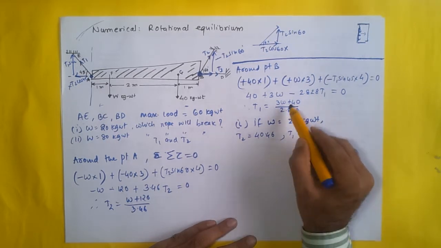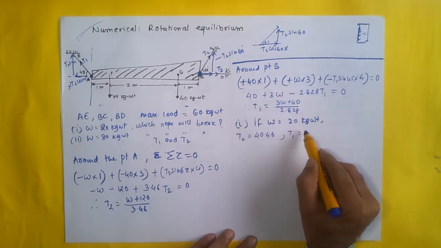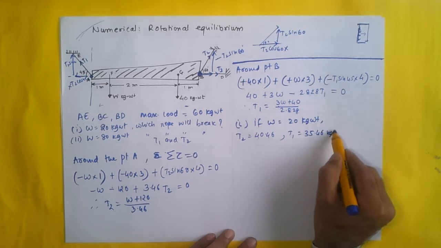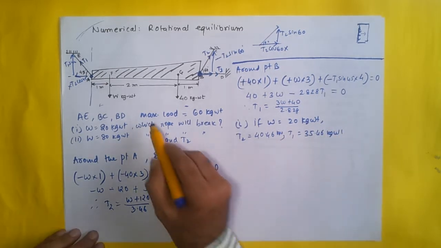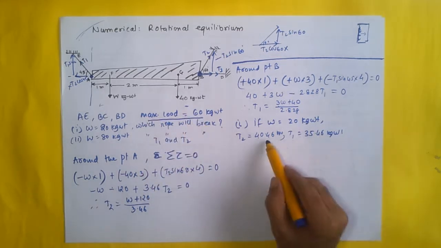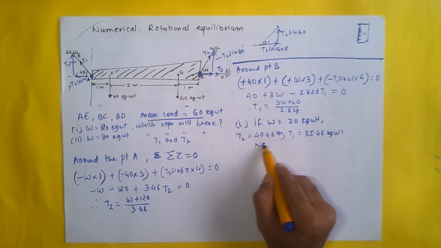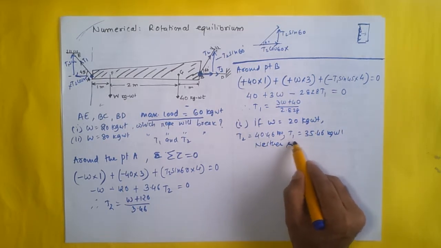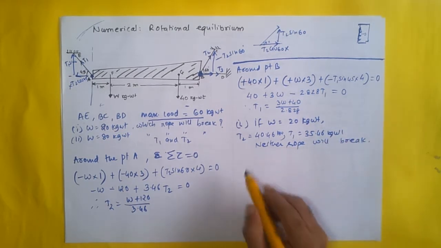And T1 will be, put the value of 20 over here, I'll get 60 plus 40, 100 by 2.828, which will give me a value of 35.46 kg weight. And as we have said over here, the maximum load that they can take is 60 kg weight. These two are well below 60 kg weight. So in this case, neither rope will break.